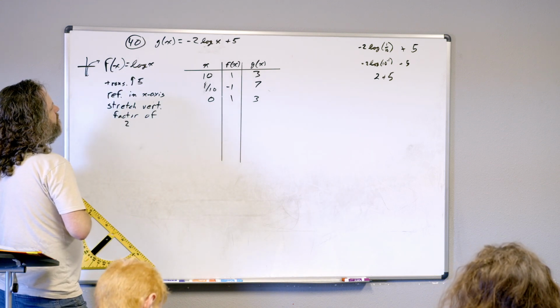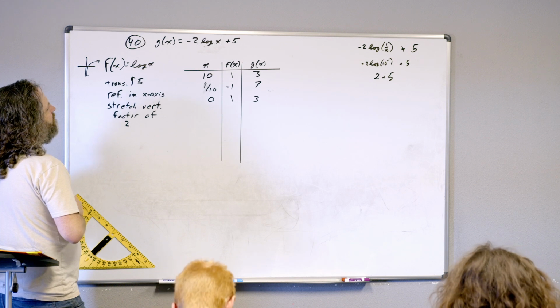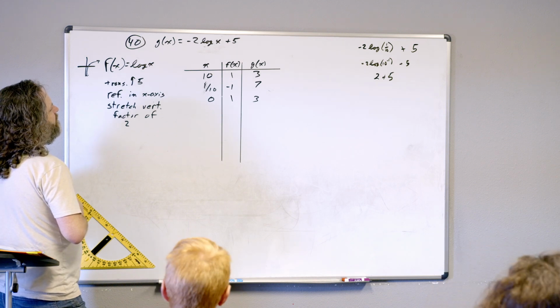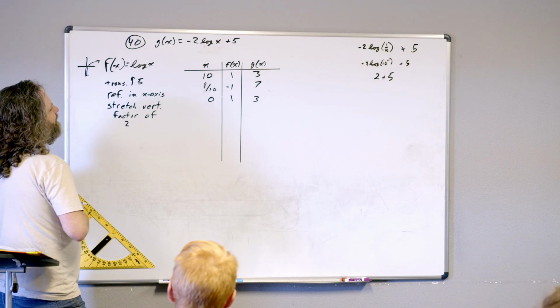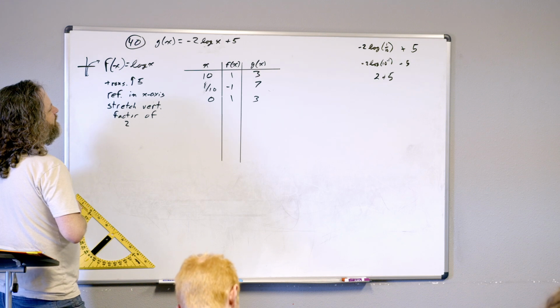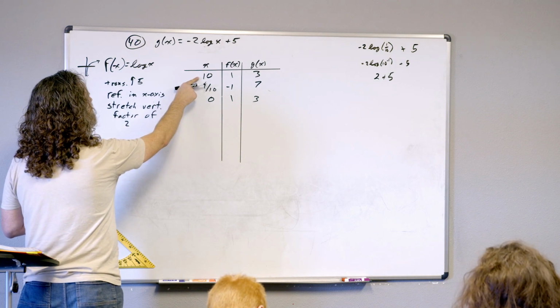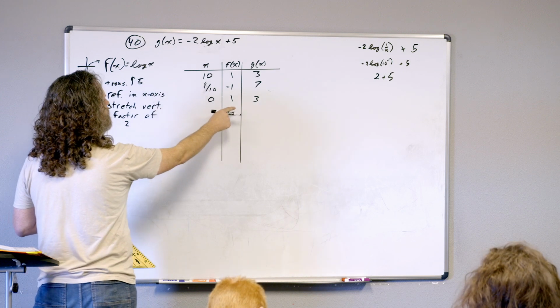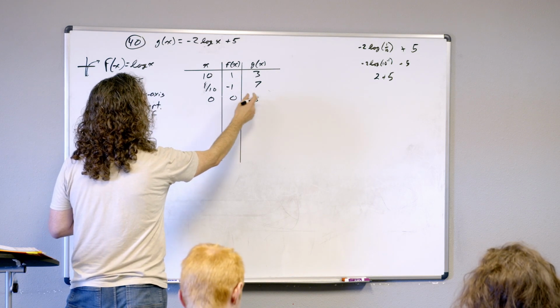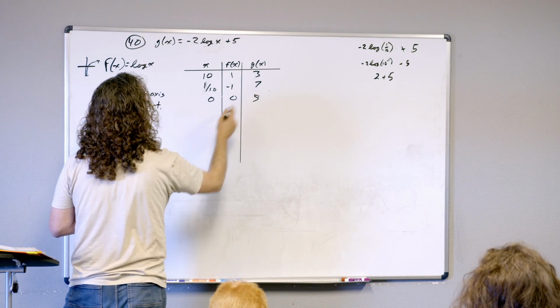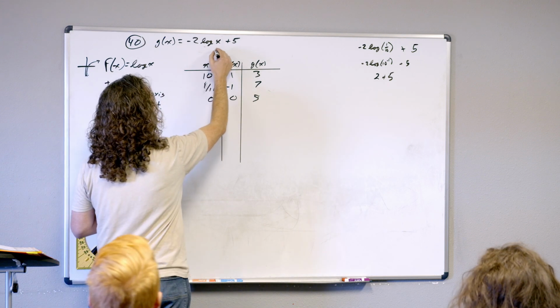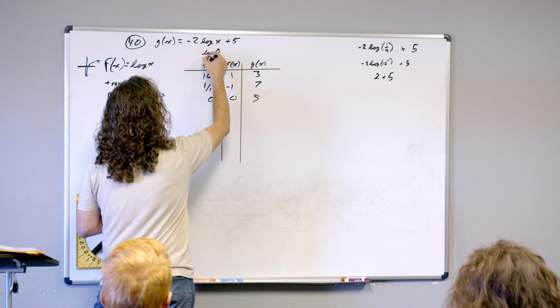Wait, no, that cannot be correct. Something's wrong somewhere. What did I do? Did I do this one wrong? 10 to the, this one is actually 0, isn't it? Which means this one is actually 5, right?